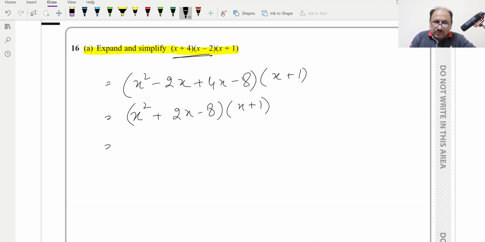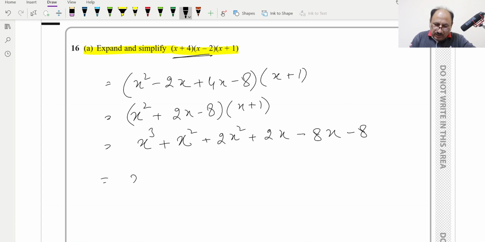Now we multiply these two terms. X squared multiplied by x will be x cubed, plus x squared multiplied by 1 will be x squared, 2x multiplied by x will be plus 2x squared, then 2x multiplied by 1 will be plus 2x, and minus 8 multiplied by x will be minus 8x, and minus 8 multiplied by plus 1 will be minus 8.